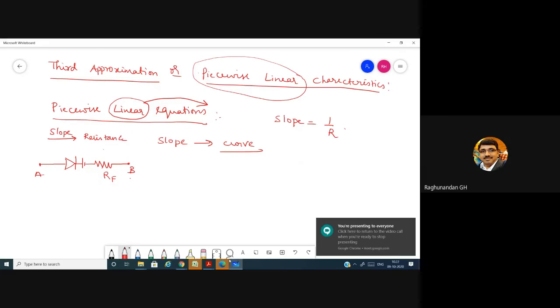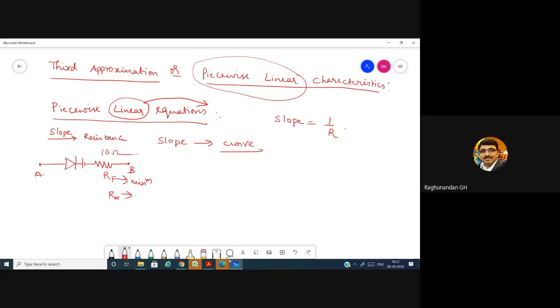Sir, 10 ohms. Around 10 ohms. That means forward resistance will be minimum always. Reverse resistance will be high, which is in mega ohms.